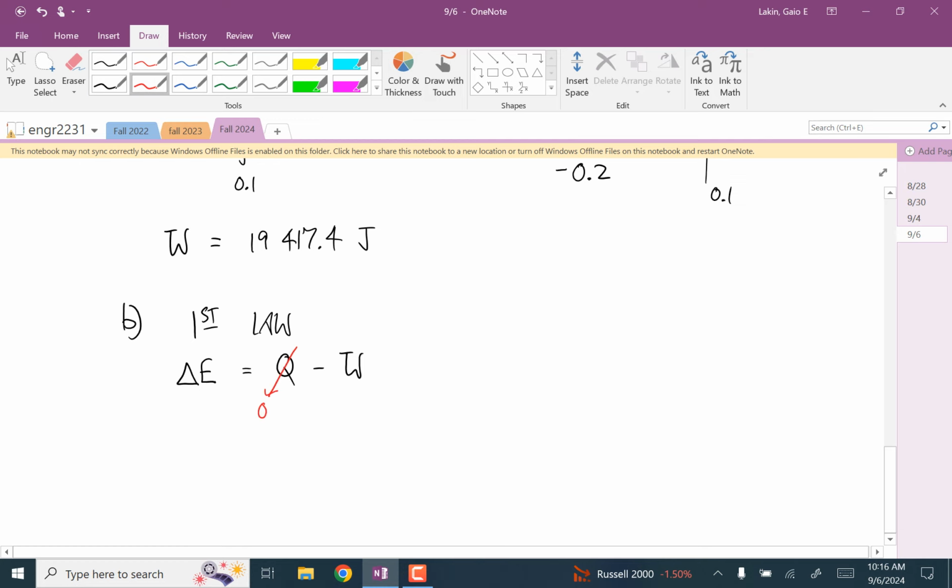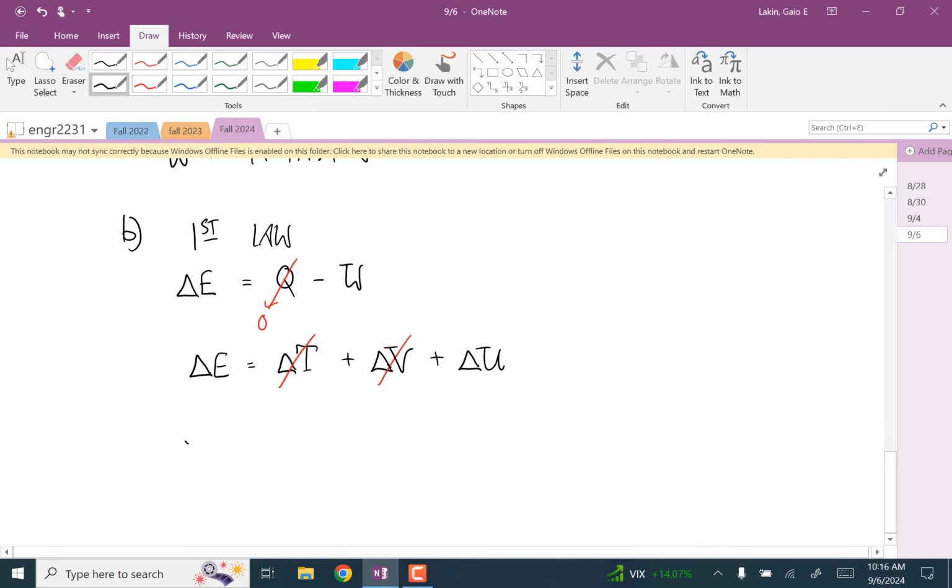Well insulated always just means that there's no heat transfer. Our delta E is the change in kinetic energy plus the change in potential energy plus the change in internal energy. If we're not told otherwise, we're always going to assume that kinetic energy and potential energy are roughly constant.